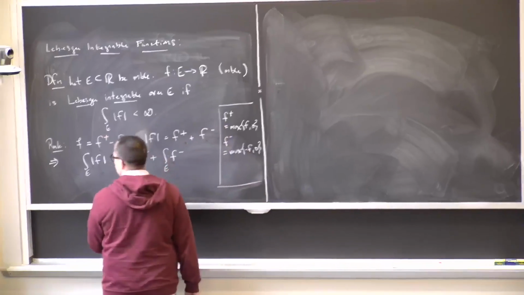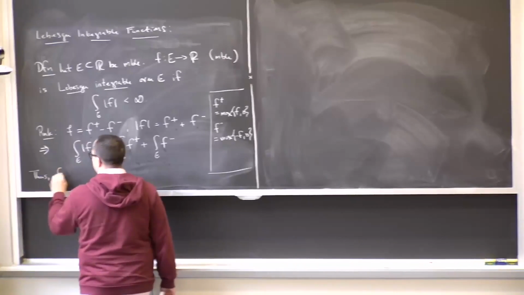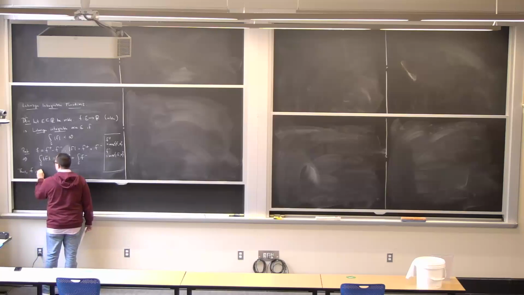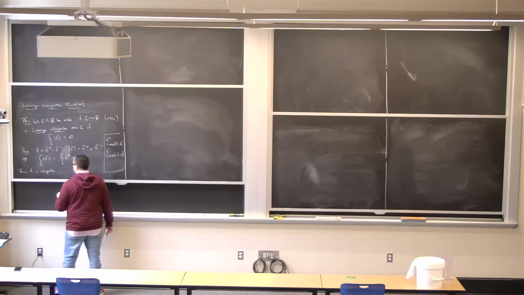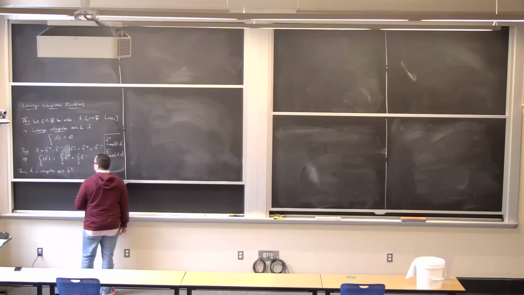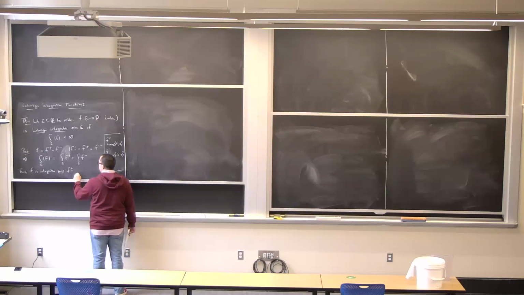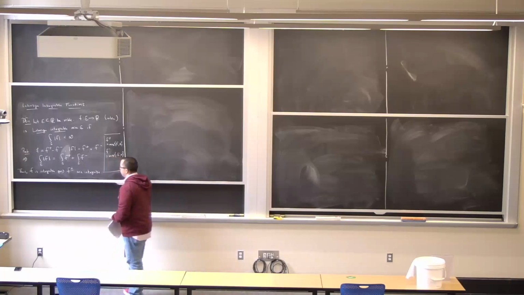Thus, instead of saying Lebesgue integrable, I'm just going to say integrable. This is equivalent to the functions f plus and f minus, the positive and negative parts of f, being integrable.